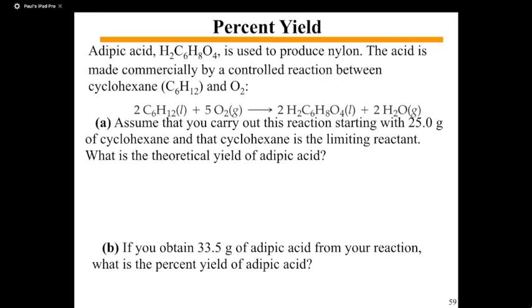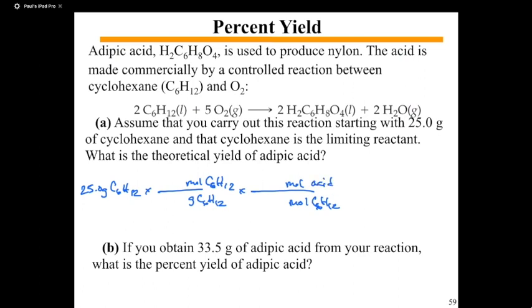Well, this one at least started us with only one starting place, 25 grams of C6H12. I'm going to change grams of C6H12 into moles of that. And then I'm going to go from moles of C6H12 to moles of this acid. I'm going to do that rather than write it all out.